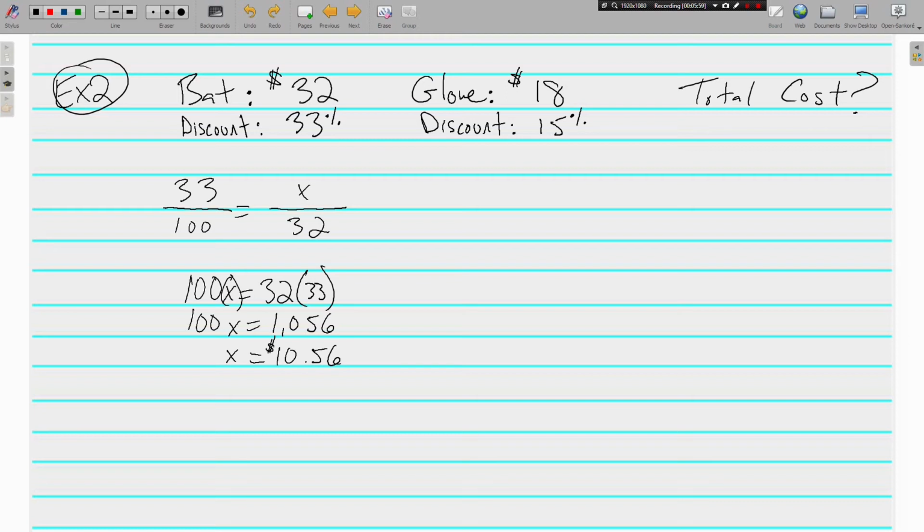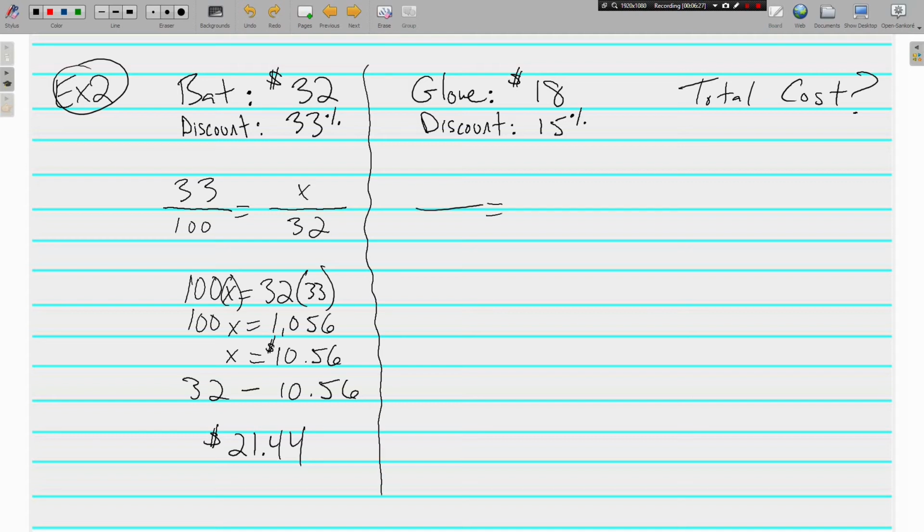So we take the $32 bat minus the $10.56 and we get $21.44 for the bat.